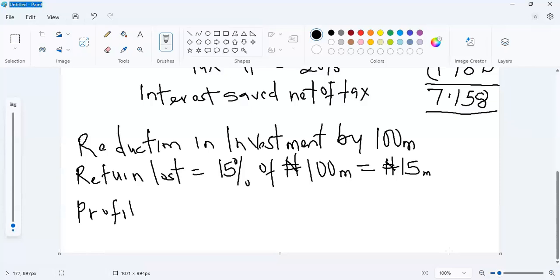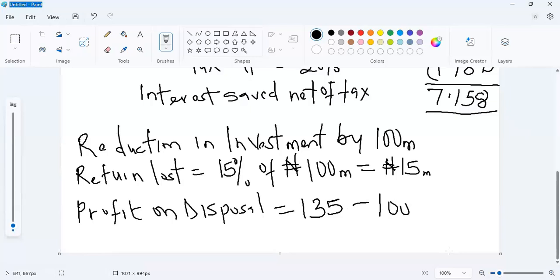This is equal to the amount realized from the assets, 135 million, minus the book value of the assets, 100 million.